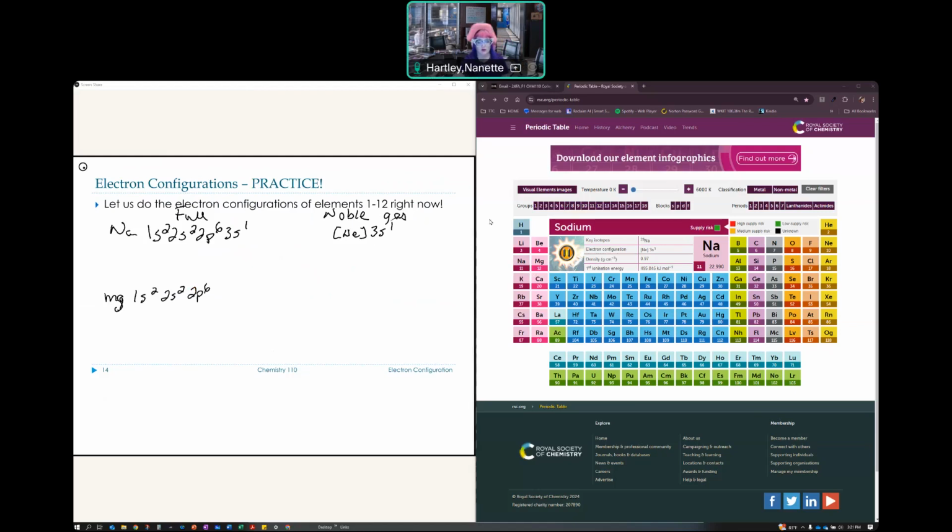And again, that comes from 1s containing 2 electrons, 2s containing 2 electrons, and then 2p containing 6 electrons. We then come down to the third row. We have an S-type orbital that now has 2 electrons in it. So 3s2. We still have a neon core, and we now have 3s2.